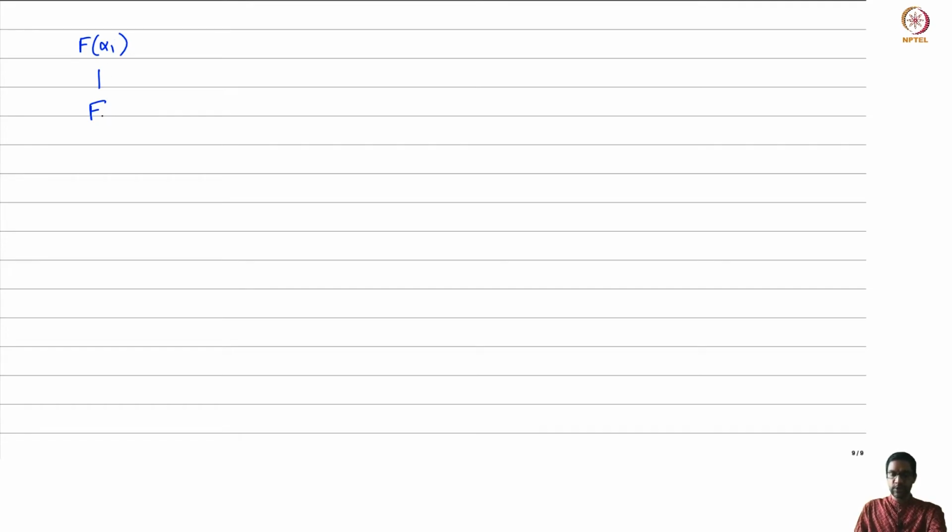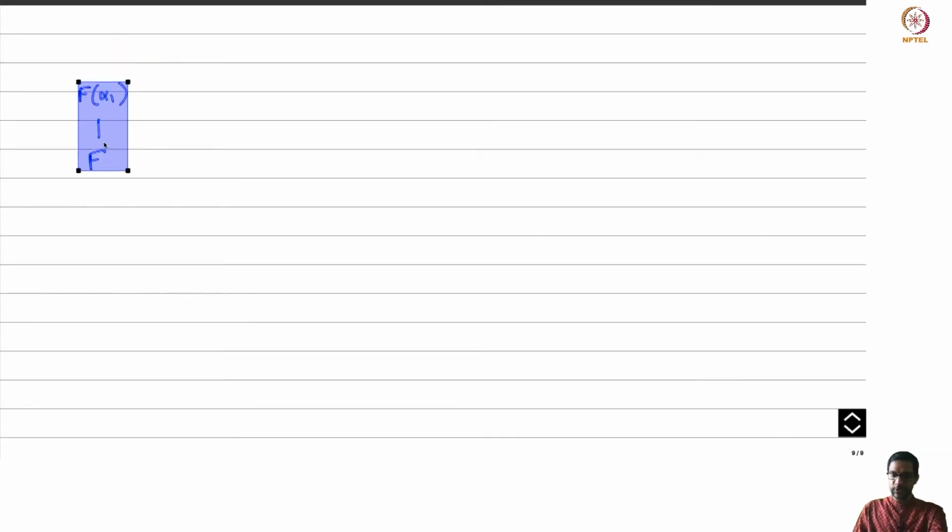Think of it as an extension of F. All of this is really inside K, so this is a subfield of K as well. We will eventually show K is finite by building it up as a tower of extensions. So let's look at this very first one, F(alpha 1) over F.